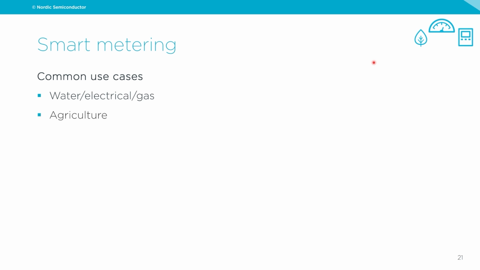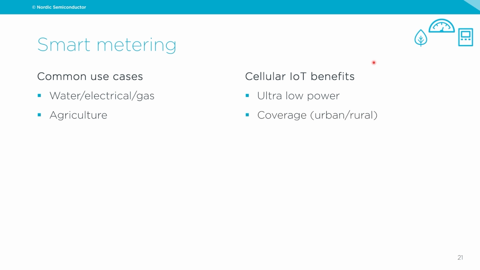Then on smart metering, some of the common use cases there are water, electrical, or gas metering, and also agriculture, to make sure that resources are used in a controlled way, let's say. Some of the benefits there: ultra-low power, again the coverage, being able to cover both urban and rural environments. Flexible SIM solutions. What this means is that a solution that Nordic has introduced recently is a software SIM, which means it's a purely software implementation of a SIM card, so you can have more compact designs because you don't need the tray for the physical SIM.